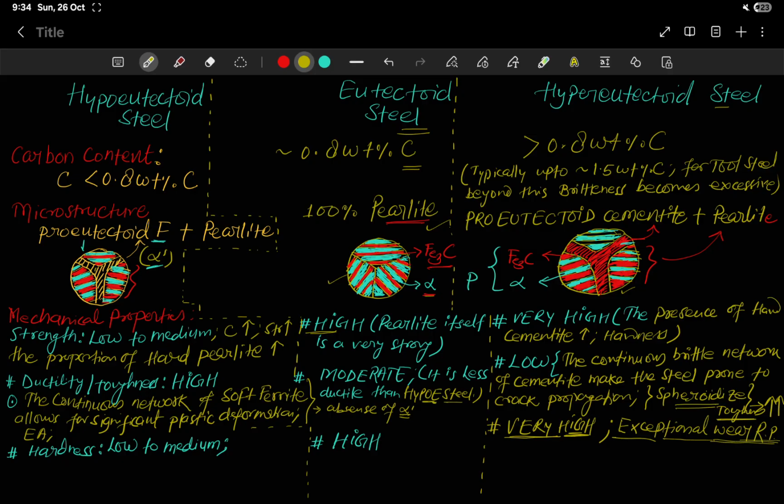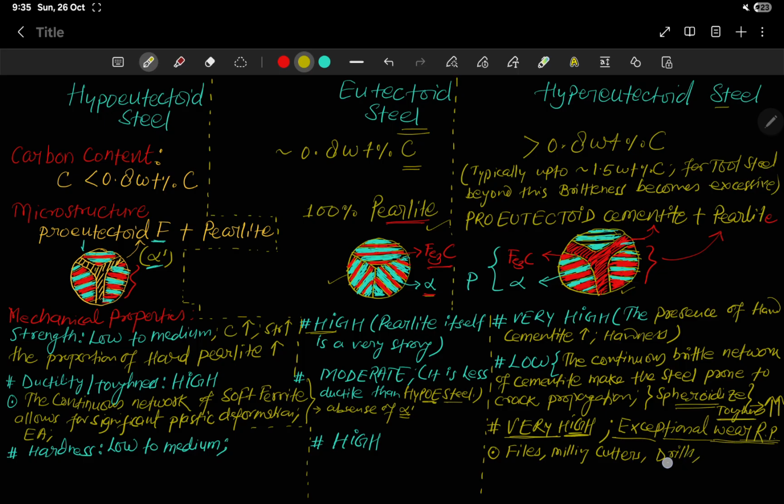The first application which will come to your mind may be files which you have used in your mechanical workshops, milling cutters, and drills.